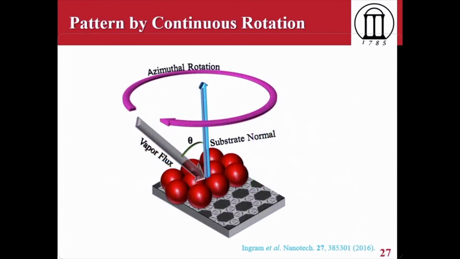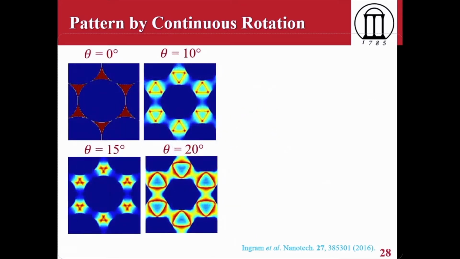Obviously, not only can you do a single deposition, during the deposition you can also rotate the substrate, right? So when we rotate the substrate with the colloid over here, if the incident angle is 0 degrees, you get this traditional triangle shape of nanostructures.